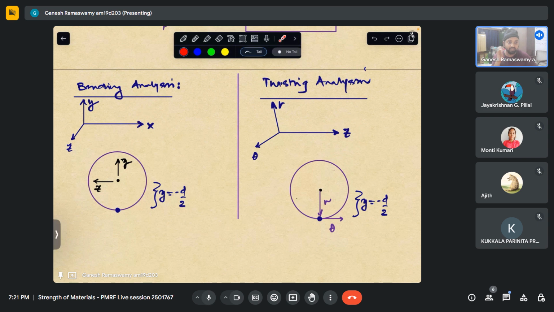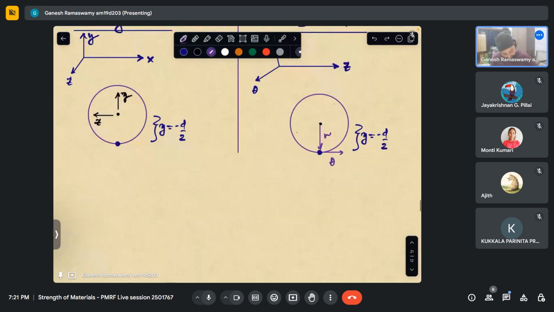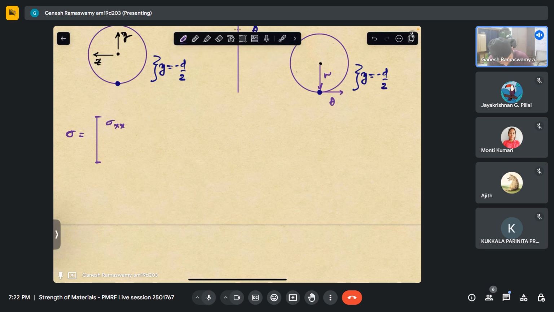So in this case, I have my stress tensor as sigma xx, sigma xy or tau xy, however you want to call it. Let me call that tau xy, sigma yy.